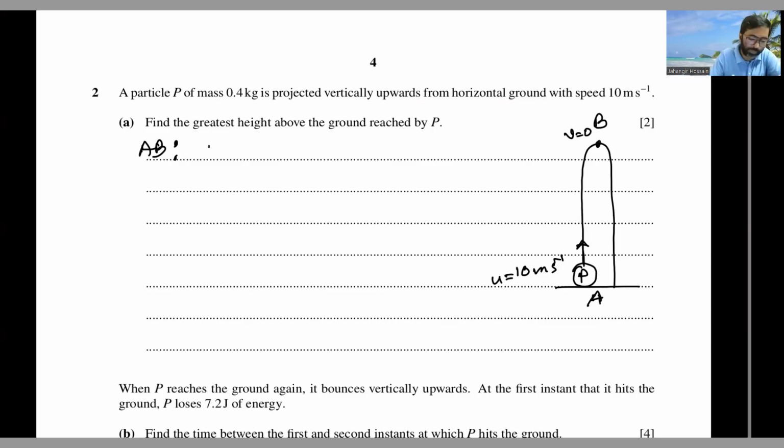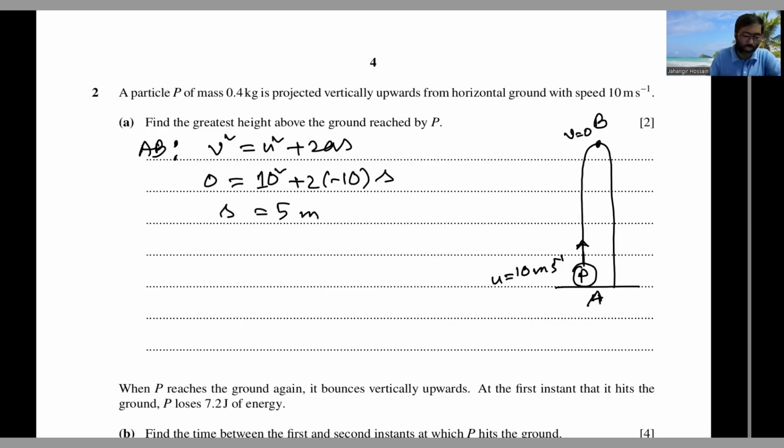So we apply v squared equals u squared plus 2as, because only this is the equation involving these four parameters u, v, a, and s. u is 10, a is minus 10, so s is 5. So the height raised by the particle is 5.